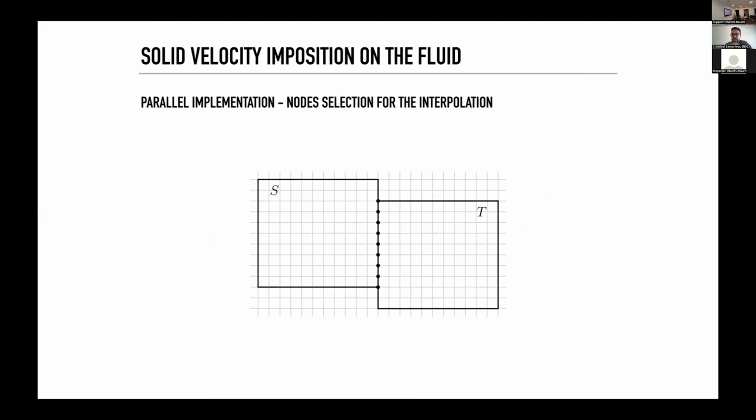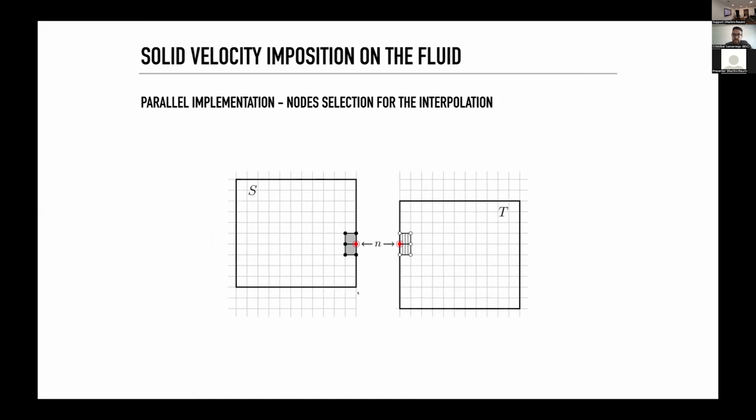So in our parallel implementation, what we did was to partition the mesh in such a way that each element belongs to only one subdomain, okay? This is our partition. But the problem with this kind of partition is that for the node N that we are considering here, the elements connected to these nodes are defined in different subdomains, and also the nodes connected to these nodes are defined in different subdomains.